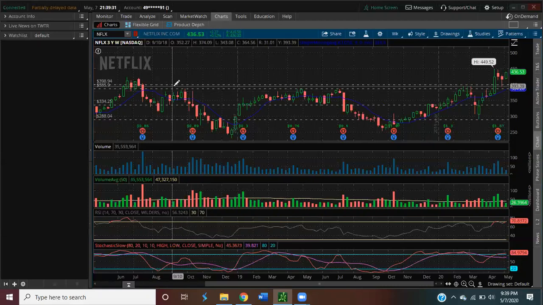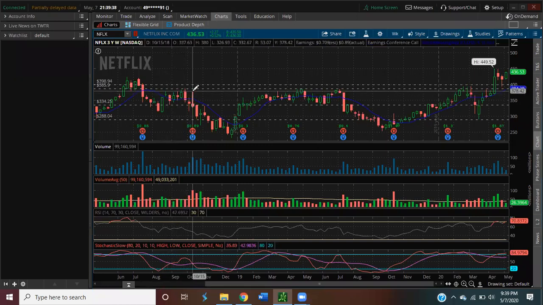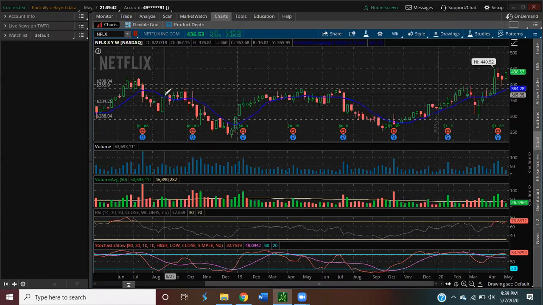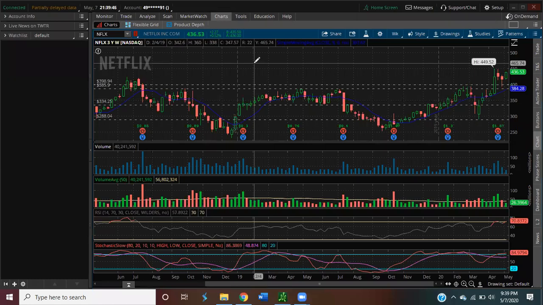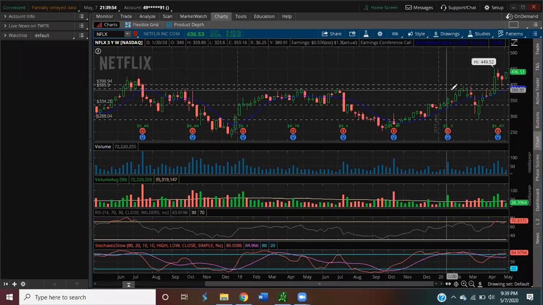It first started trying to break 385, up around up here, and it could not break it for 3 entire years. So since 2018, Netflix had been trying to break this 385.9 area, and it could not break it until this year.